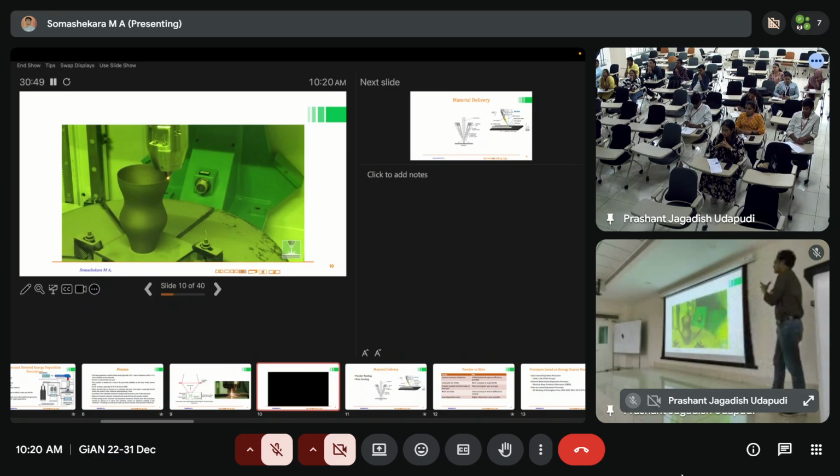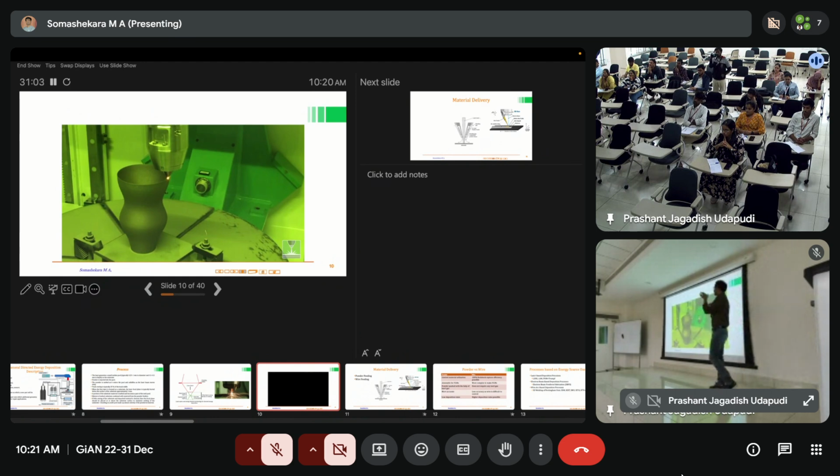Of course, when it comes to the complexity of the part, you cannot achieve it with DED in 3 axis, because you need a support structure, right? In powder bed fusion, the powder which was not melted or partially melted was helping us as a support structure.